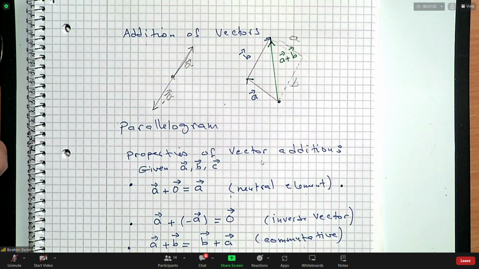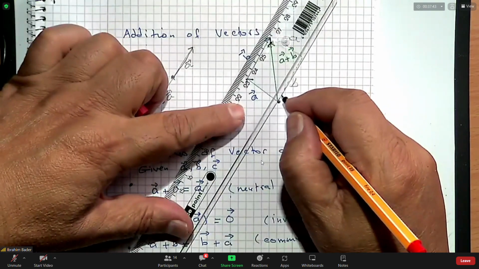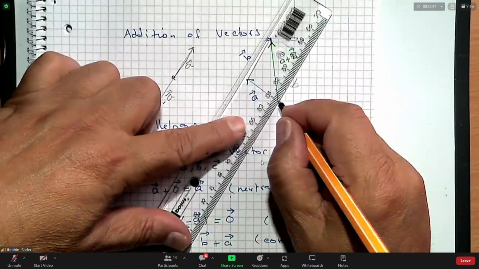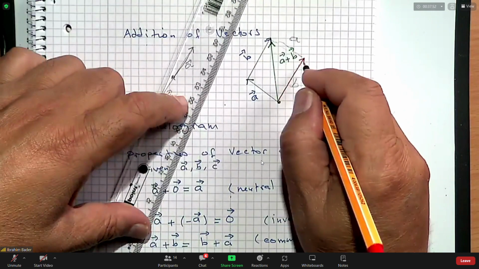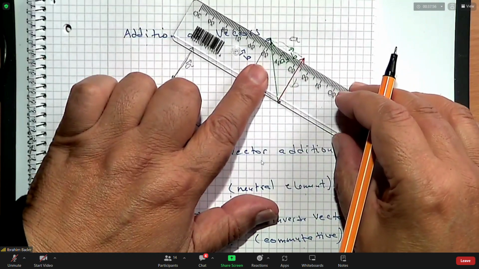Let me put it here in a different color. We said that this is vector B because of the parallelogram property. So this is vector B here, this direction, and this one is the vector A.